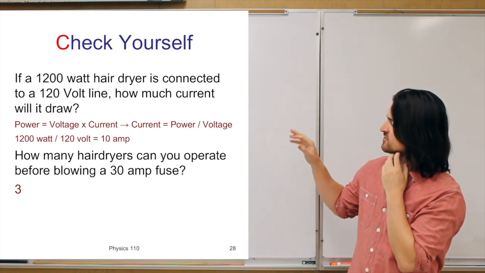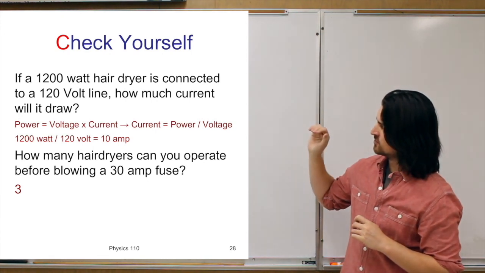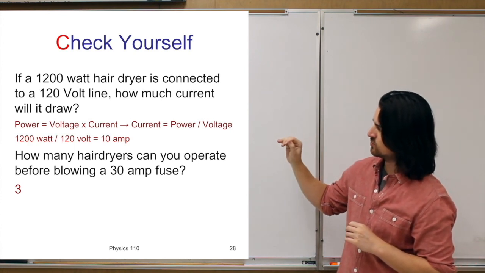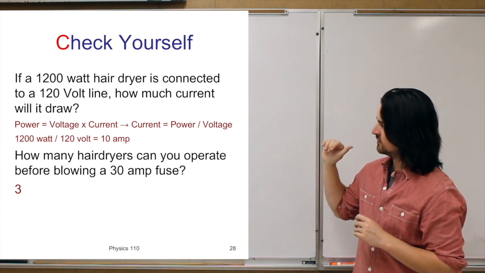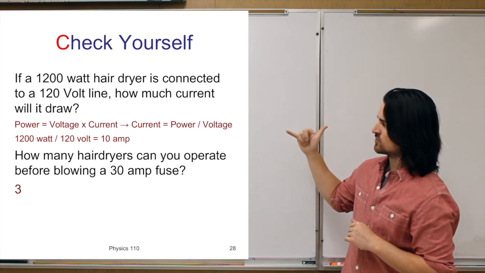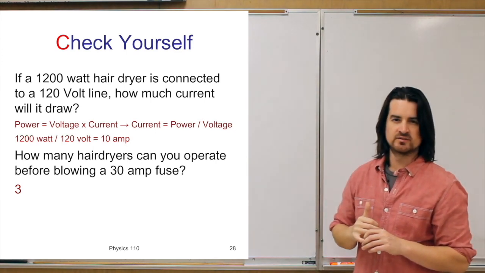So if we plug in these values, you see that a 1200 watt hairdryer plugged into a 120 volt power source is going to draw 10 amps. 10 amps is quite a lot of current, remember?